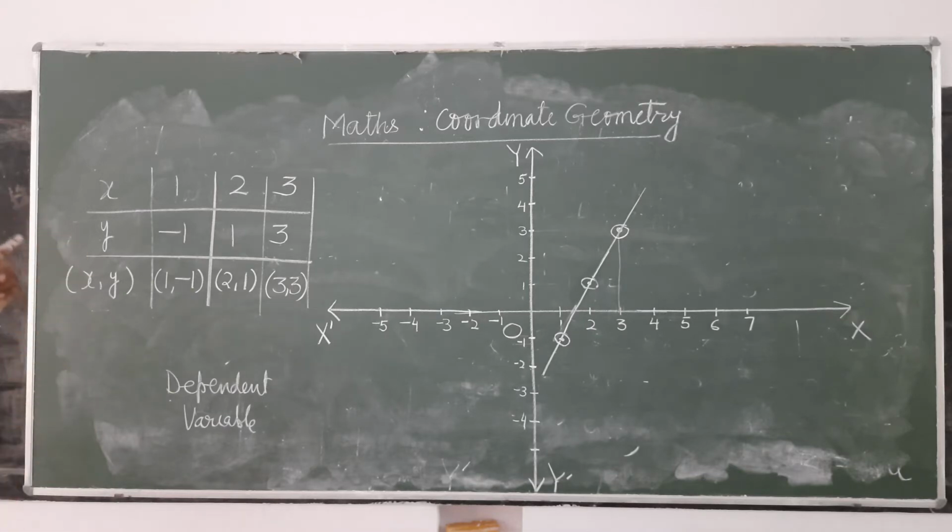Either you have wrongly plotted the point or you have wrongly calculated it. Is it clear? So keep this in mind. All the 3 points should be on the same straight line.